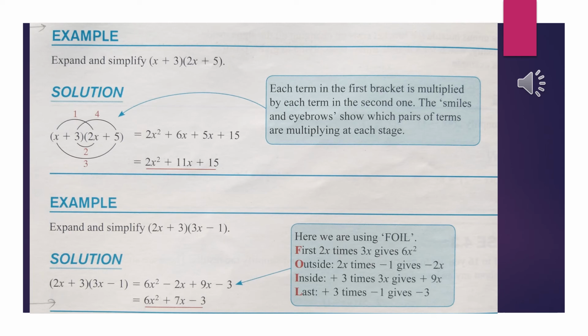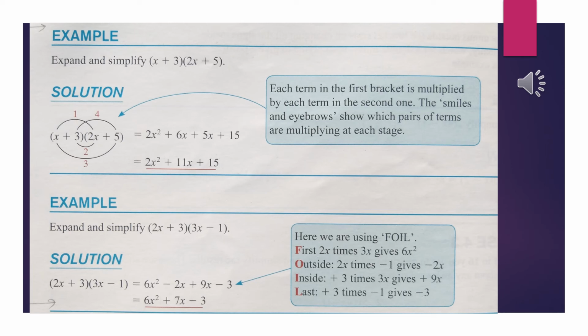And multiply 3 and 5 fourth, which comes to 2x squared plus 6x plus 5x plus 15. The smiles and eyebrows show which pair of terms are multiplying at each stage. And finally 2x squared plus 11x plus 15.